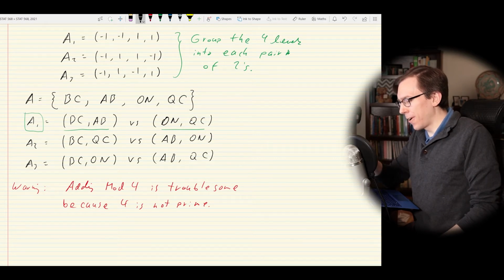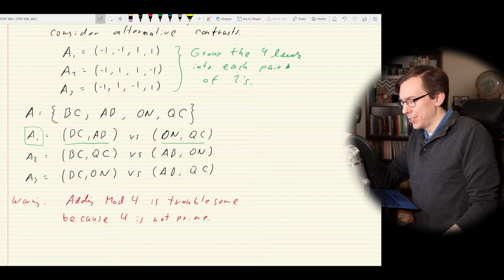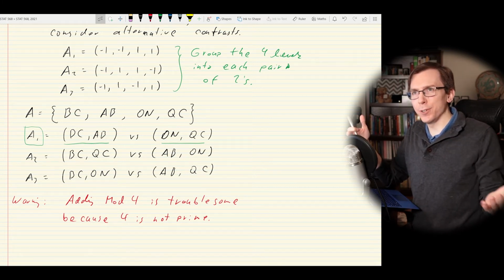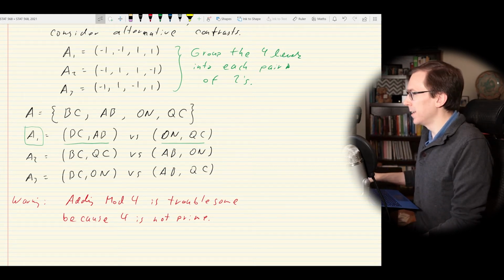The point is that there are ways to consider 4-level factors, just not in the way that we were treating 2, 3, 5, and 7-level factors. So we just have to be a little bit aware of that.